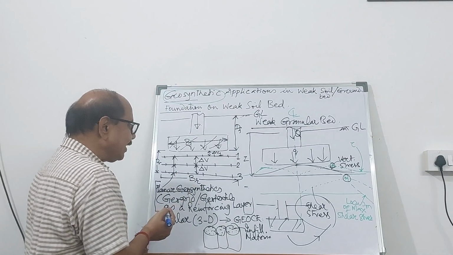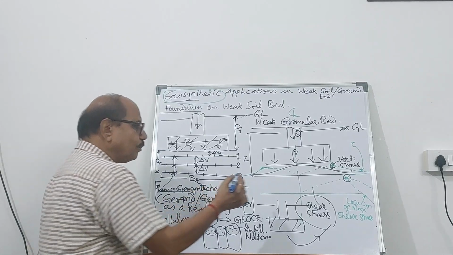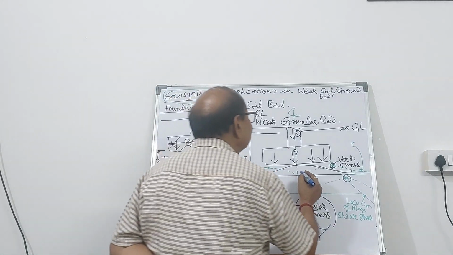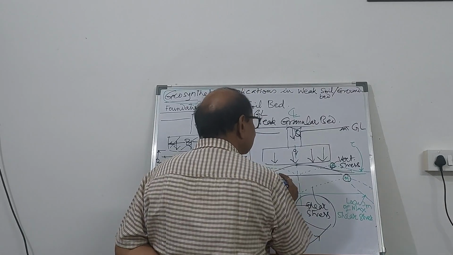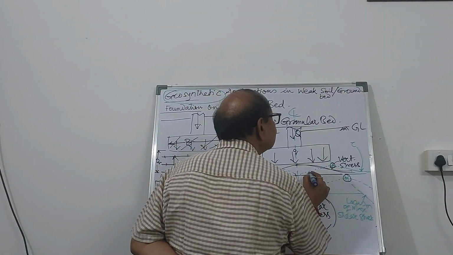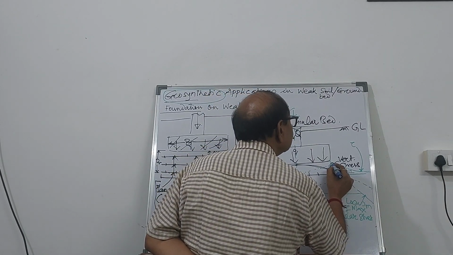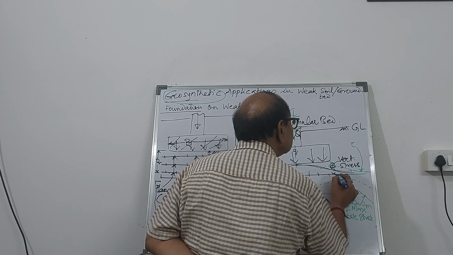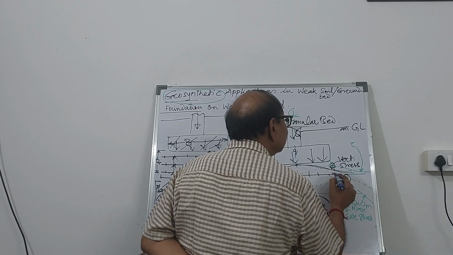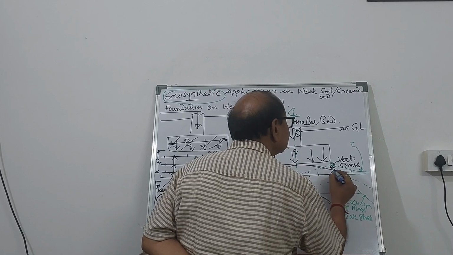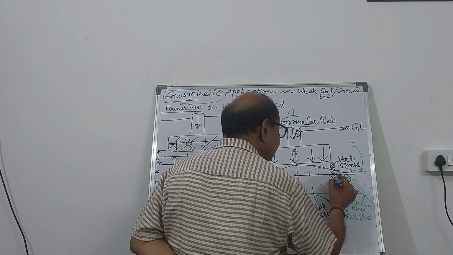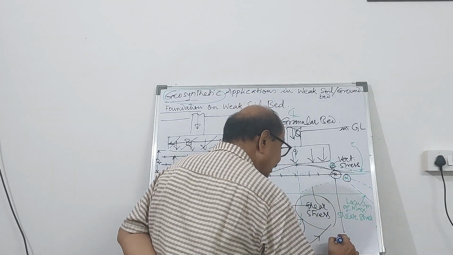So my geosynthetics is going to bend here. If I have a layer of geosynthetics here, this is the zone. How is this geosynthetic going to behave?